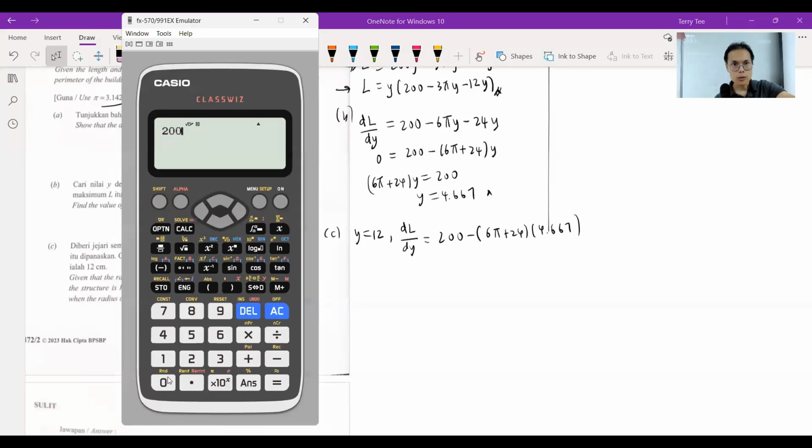So 200 minus 6 times 3.142 plus 24, then you multiply by 4.667. Wow, very small value.